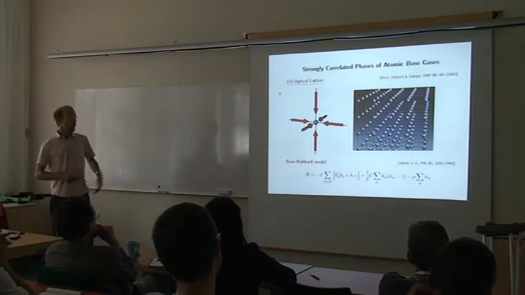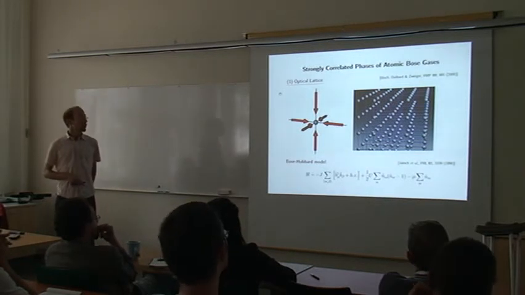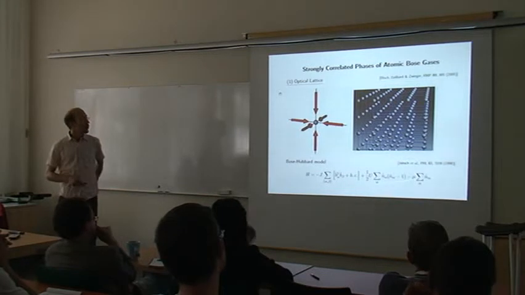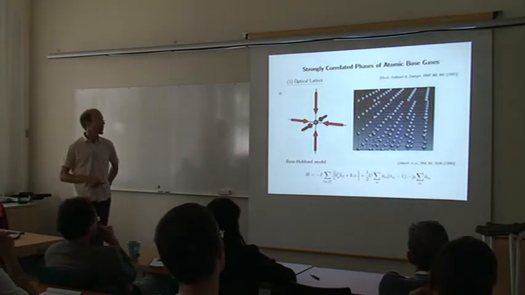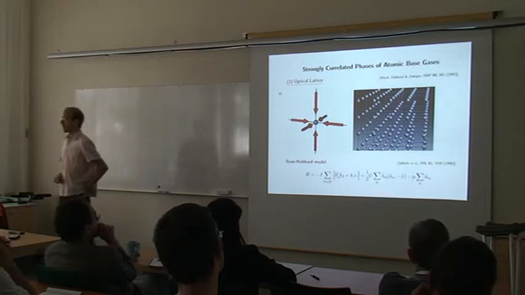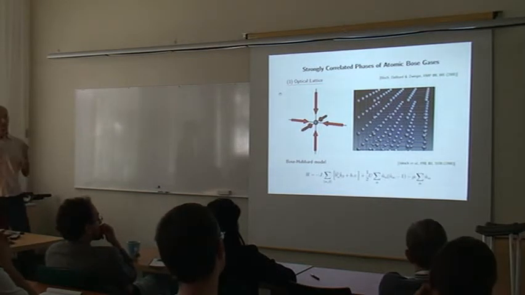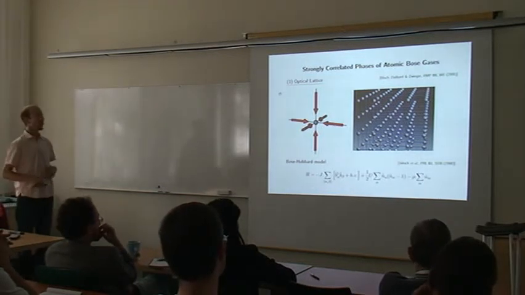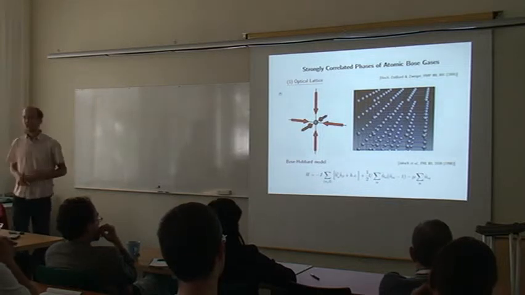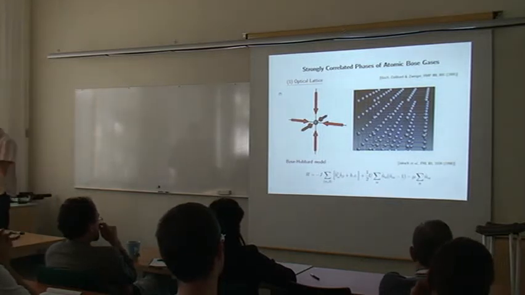Okay. The physics of this kind of system is very well modeled by a Bose-Hubbard model, where we just have to take into account the probability of tunneling between different sites and the repulsion of two particles on the same site.